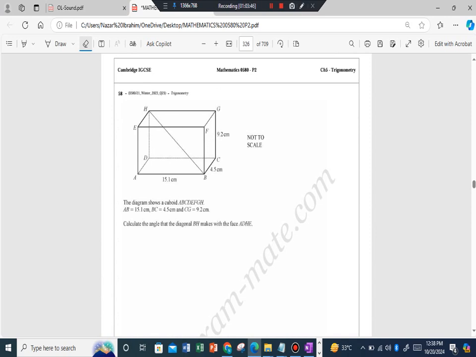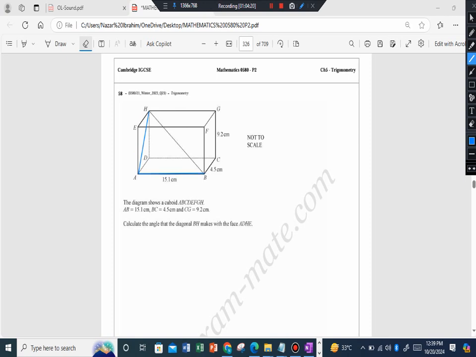Question number 58. The diagram shows a cuboid A, B, C, D, E, F, G, H. We have A, B, we have B, C, we have C, G. We have to calculate the angle the diagonal BH makes with the face ADHE. So for face ADHE, we'll make this line, and we can make this line as well.